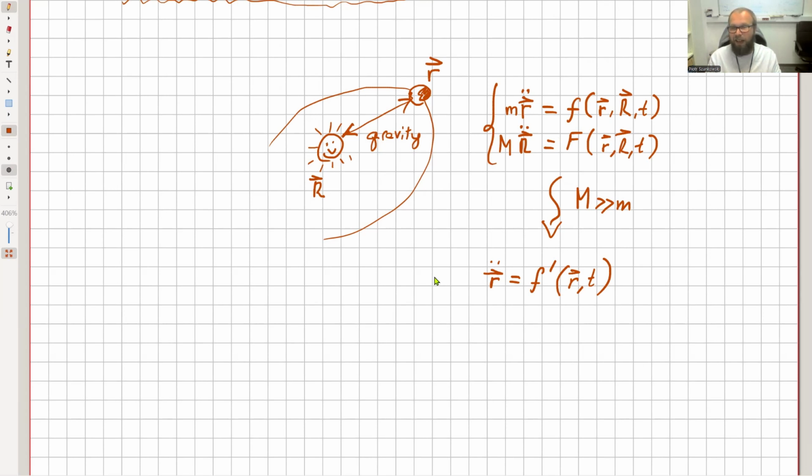In fact, you can argue that in every many-body system where you have coupled equations of motion and the particles are interacting, you can always rewrite it in a form where the equations of motion are decoupled completely.